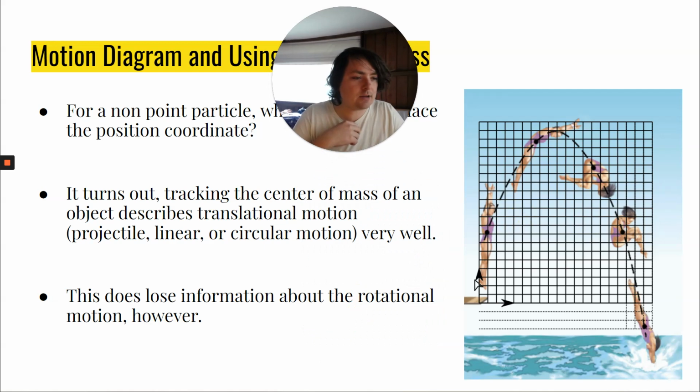In our case with the diver, I could put this X and Y axis with the origin right on the diving board and create a grid system, and so we can find the position coordinate for each of these center of mass points. And of course, even if it goes below 0, we can still use it.